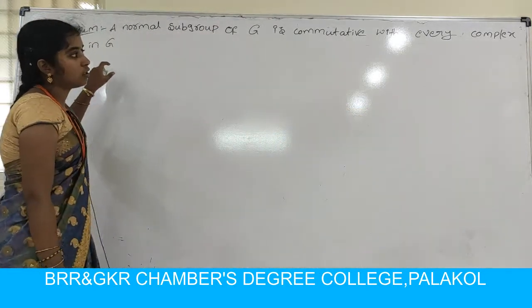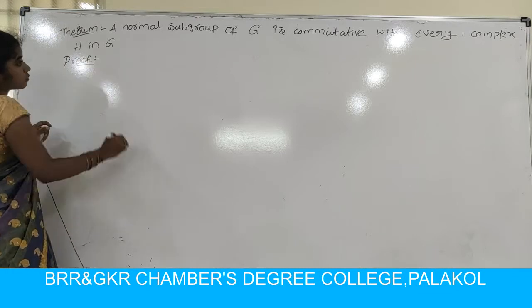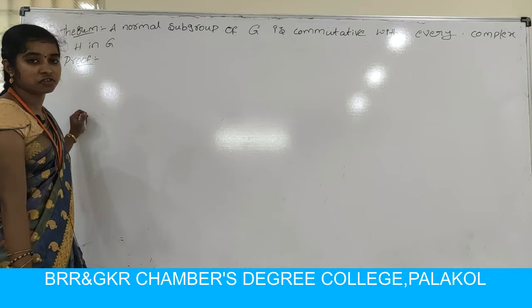So proof. The statement is: a normal subgroup of Z is commutative with every complex of H in Z. Complex, in other words, is a subset.